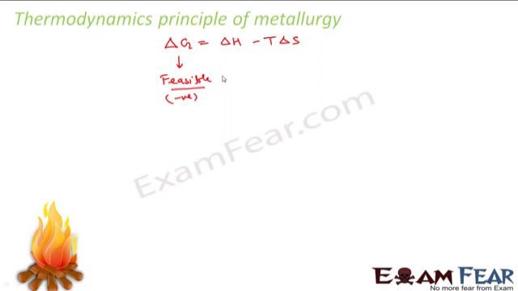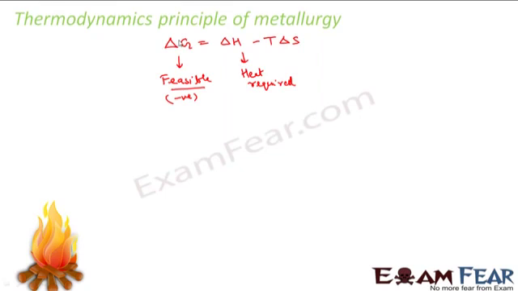Delta H is nothing but it tells you whether heat is required or heat is emitted, right? T is my temperature and S is my entropy.